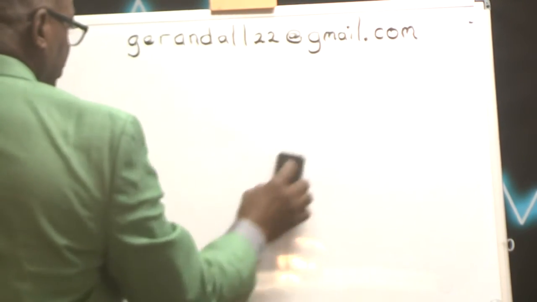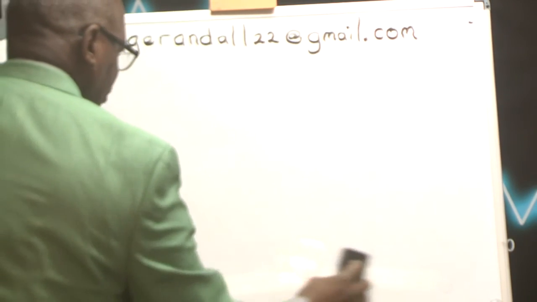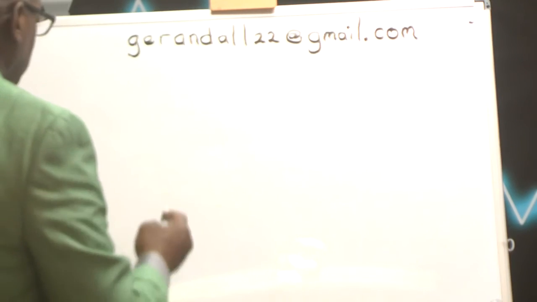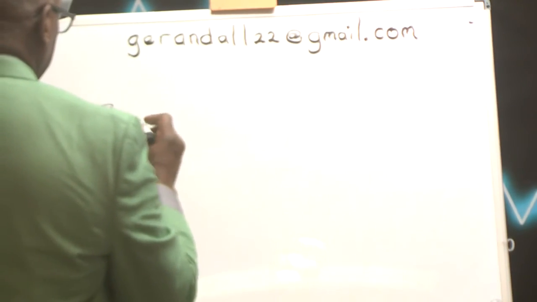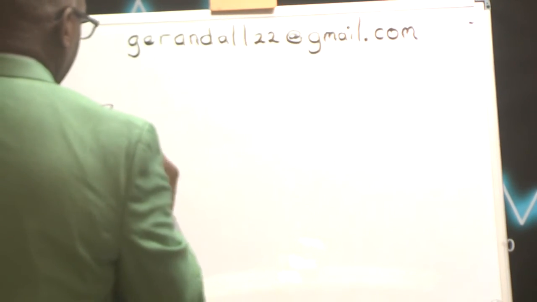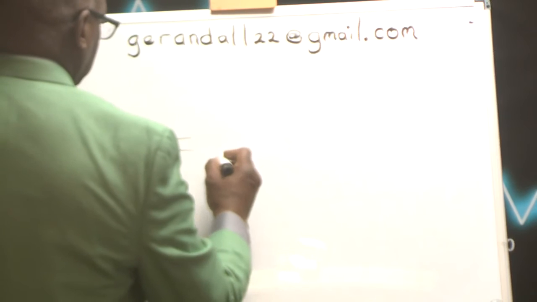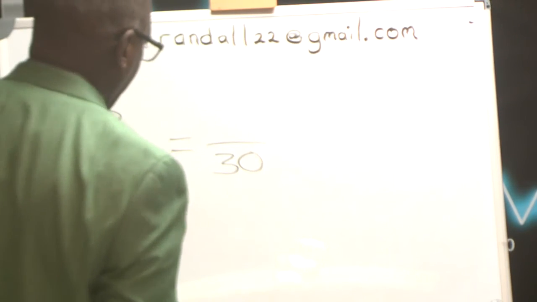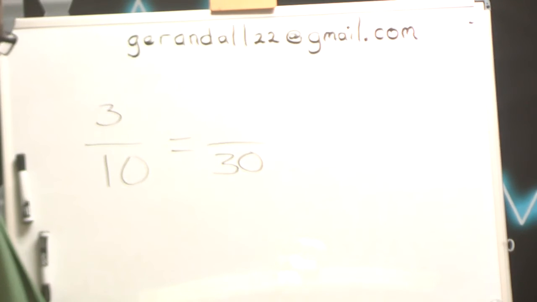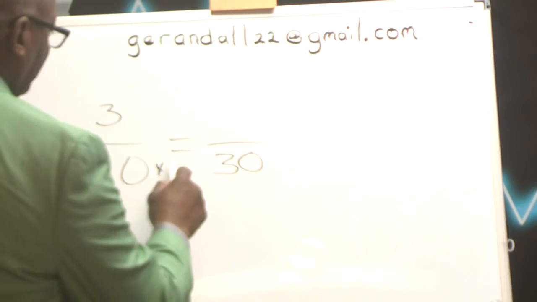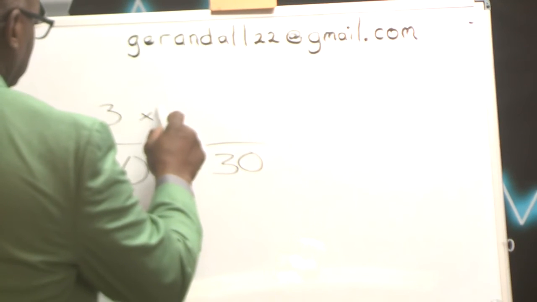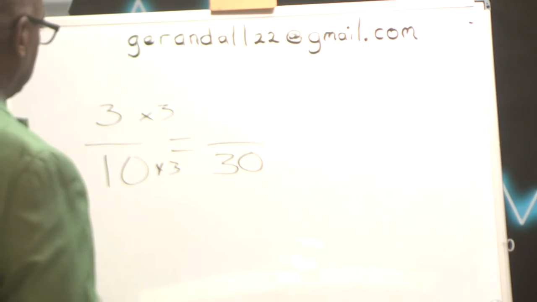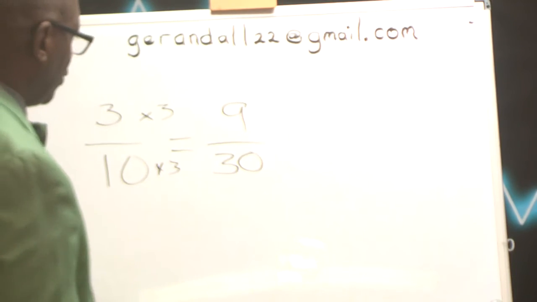And what I'm trying to show you is some real life things. Now, 3 over 10 equals... and what we're going to do here, we could do one of two things. We can multiply by 3, and that would be 9/30.